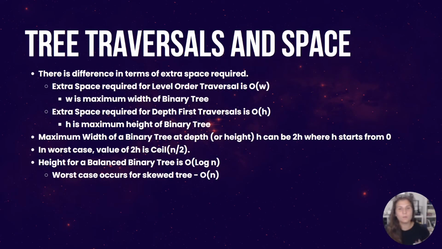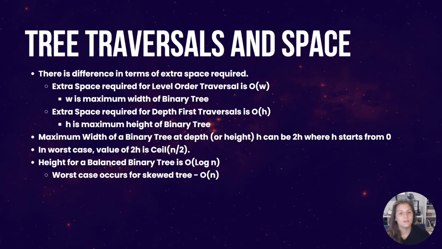So when we start thinking about our tree traversals in space, there is a difference in terms of the extra space required. The extra space required in our level order traversals is O(W), and W is the maximum width of a binary tree. This is because, as we learned in our level order traversals, a queue stores our nodes one by one, and they're from a different level.